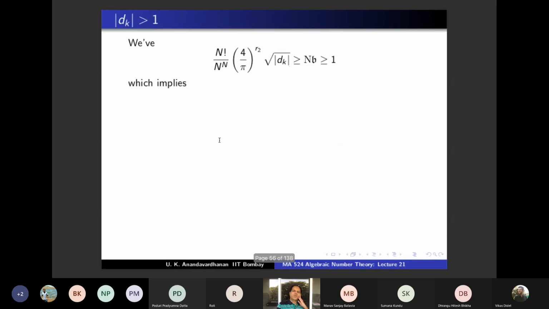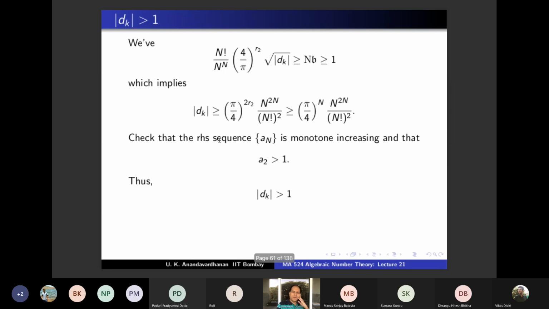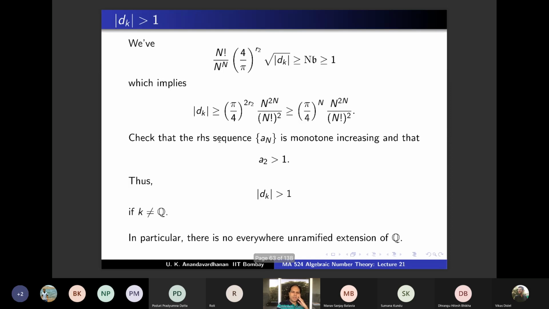Okay. So dk is bigger than 1. This we need for the next statement. And here itself you can conclude. So this also we discussed in one of the last classes, that there is no everywhere unramified extension. If you take any proper extension of Q, there's at least one prime number which will ramify, because dk is strictly bigger than 1, and therefore it will have a prime divisor, and primes dividing the discriminant will ramify.